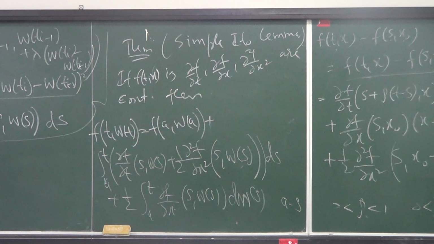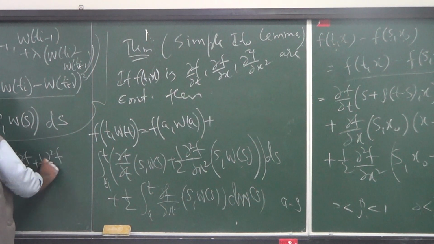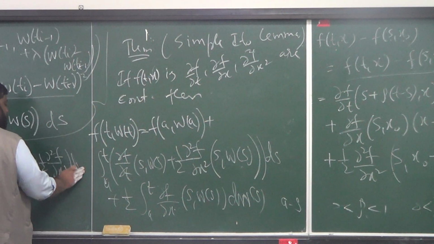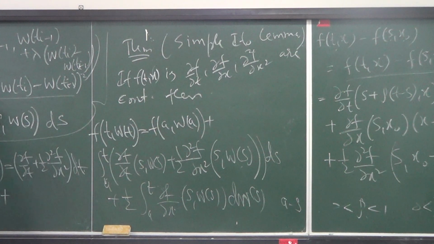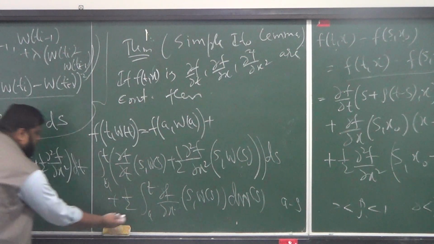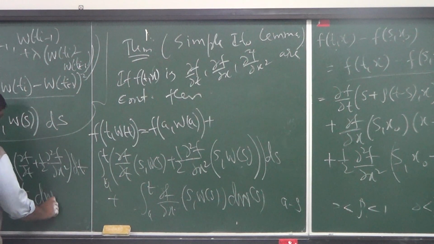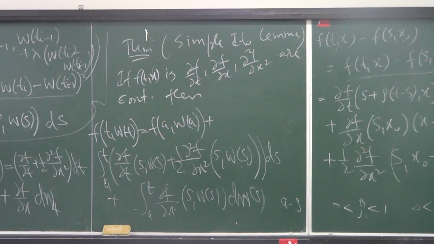If you have a function of time and w of t, df is going to be equal to partial f by partial t plus 1/2 partial 2f by partial x2, dt, plus partial f by partial x, dw. Sir, is there a 1/2 in the last term? No, it's not there. So that's a differential form of it, a cryptic form of it.